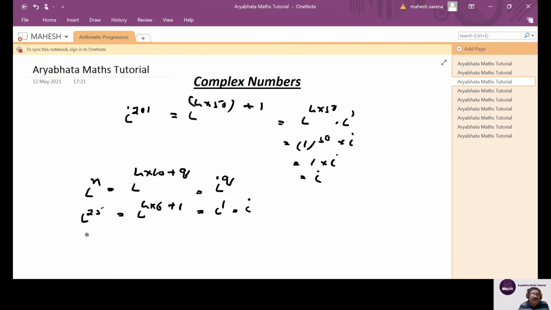Suppose we have to find i to the power 42, it is equal to i to the power 4 into 10 plus 2, that is i square, that is minus 1. Therefore, we can find it very easily.